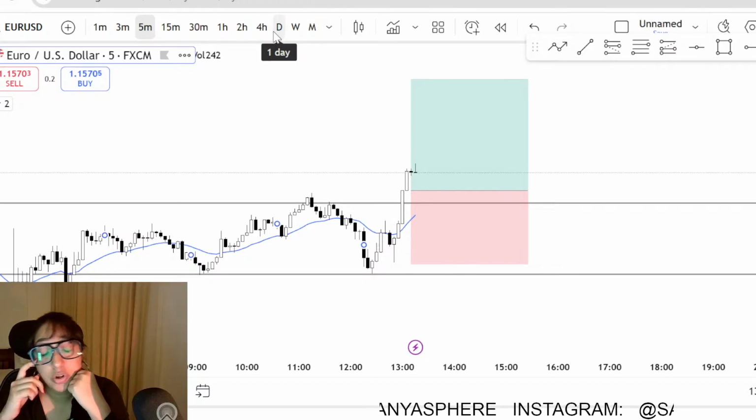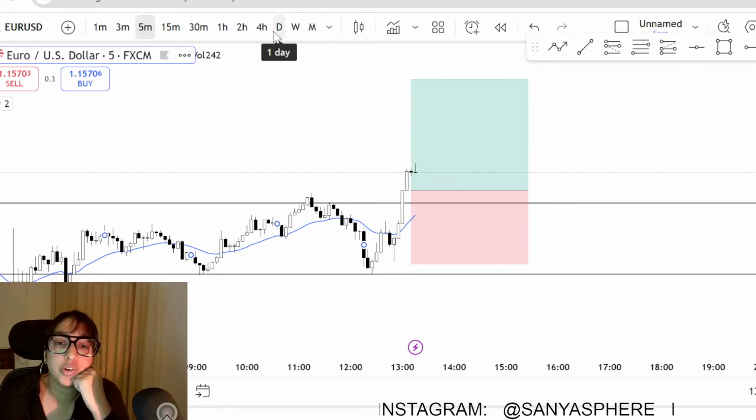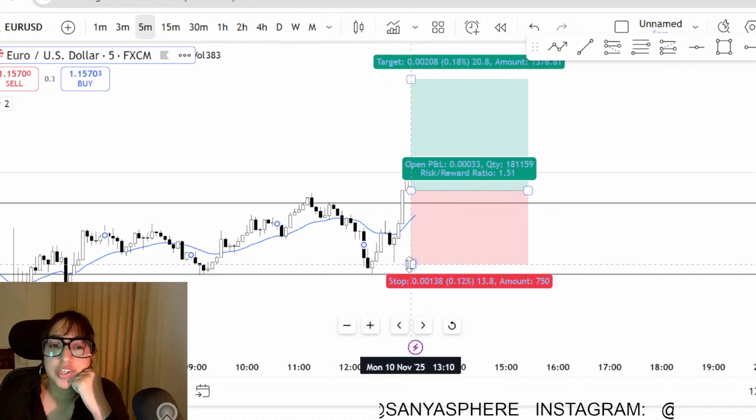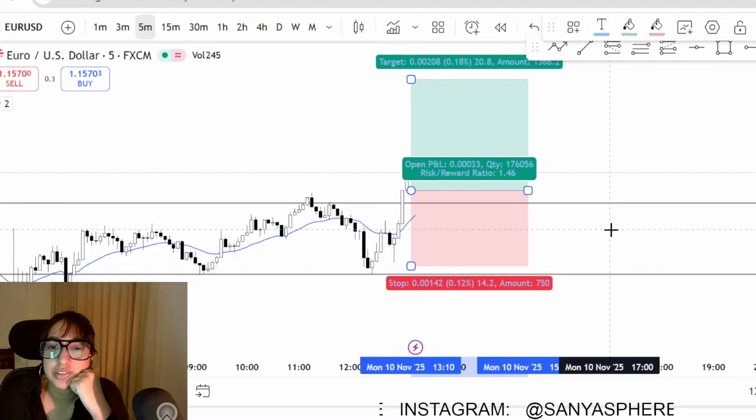You can expect consolidation now, at least for 1 or 2 hours, before giving us the TP or SL as usual.